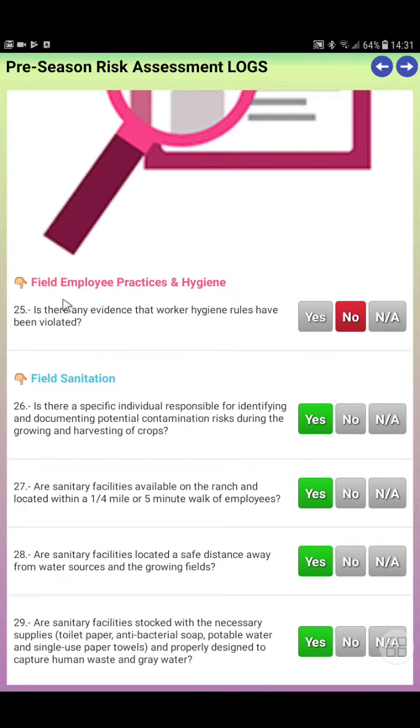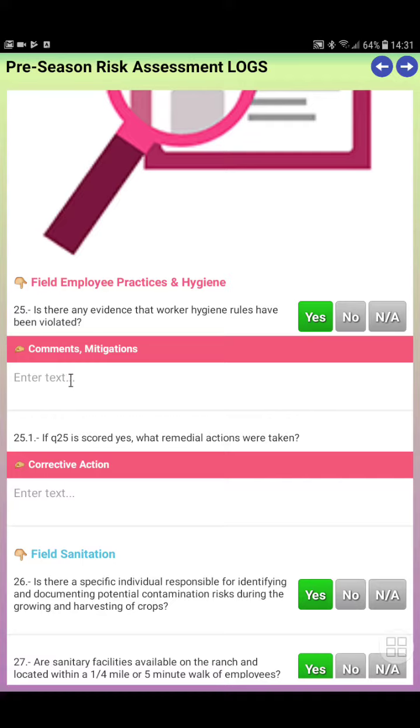Now there is a question about field employment practices and hygiene. Is there any evidence that worker hygiene rules have been violated? No. If you fill out the section regarding corrective actions and procedures for the employees, in that case you will explain yes, and you will explain here that you filled out a NOUO, that's a notice of unusual occurrence.